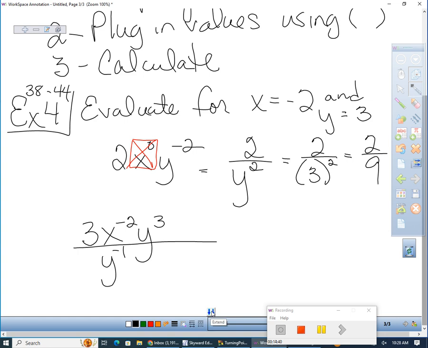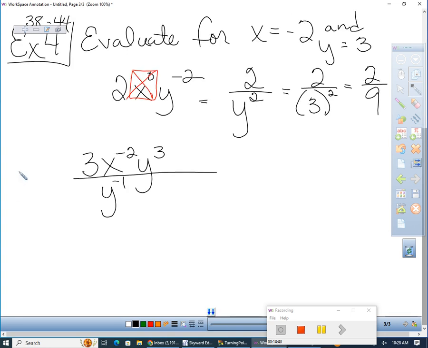All right. So let's see if we can simplify this first. So the x to the negative 2 goes to the bottom. Good. The y to the negative 1 goes to the top. So 3 stays on top, I have y to the third, and I have y to the first, right? So y to the third.